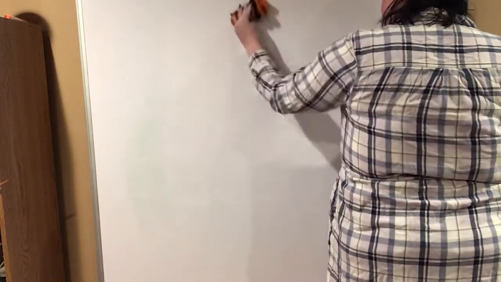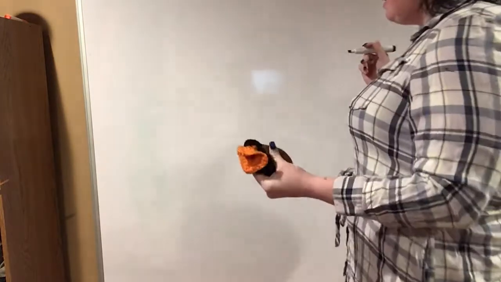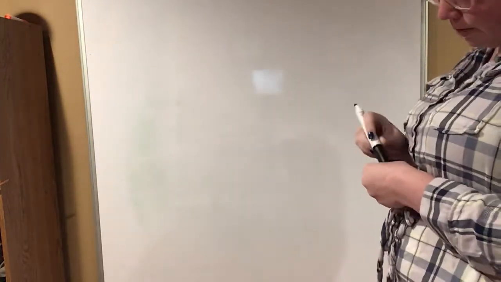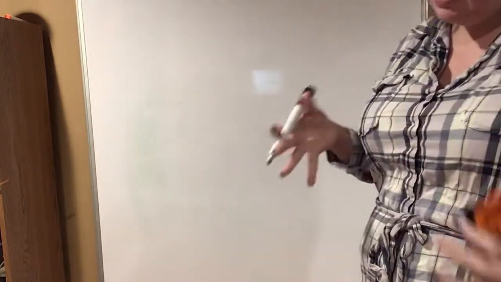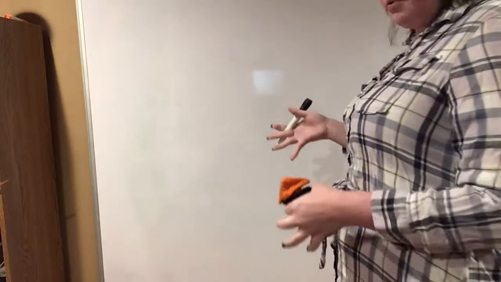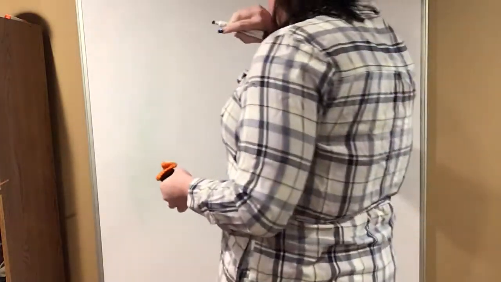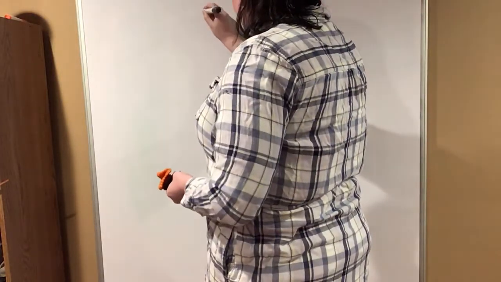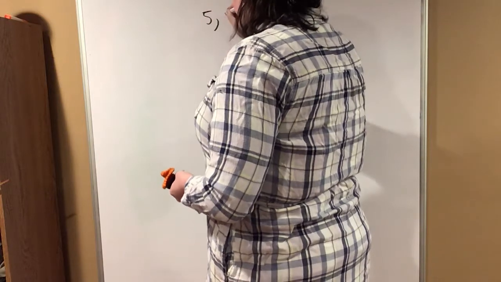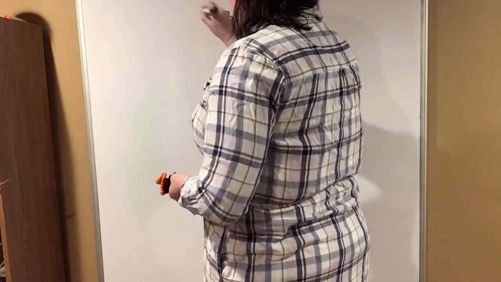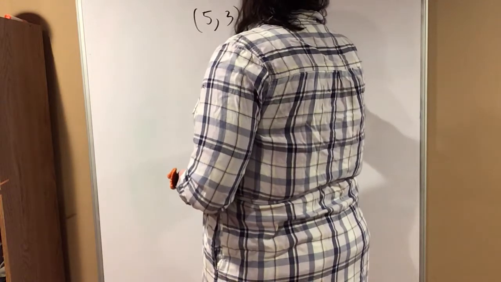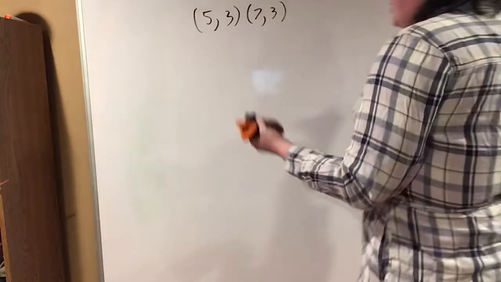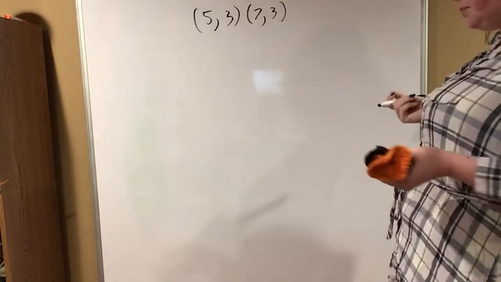Okay. So now let's see if we can trick you up. Well, not really trick you up. It tricked a few kids up, but they did it to show what happens with slope sometimes. So, say we have 5, 3, and 7, 3. And we need to find the slope.